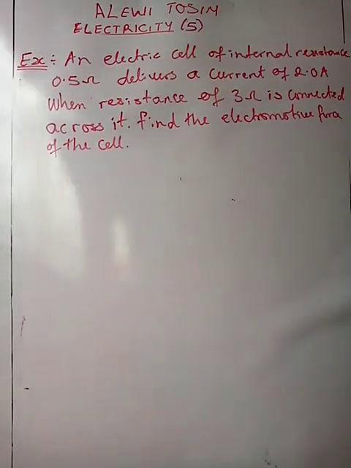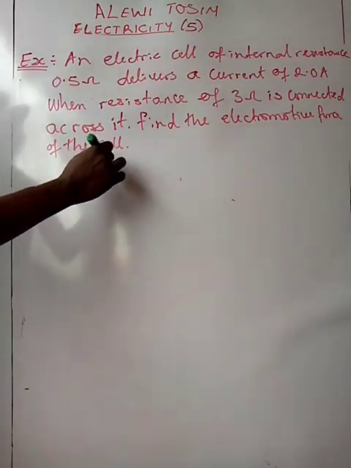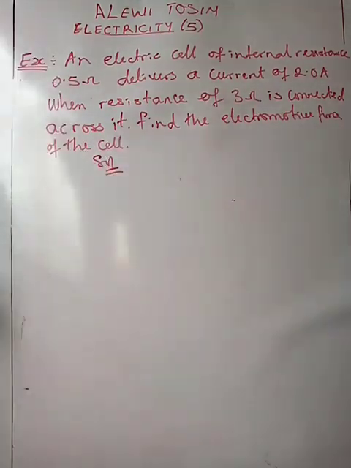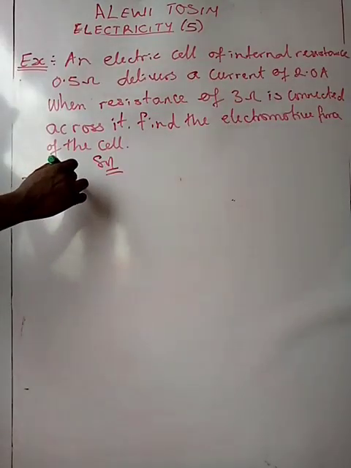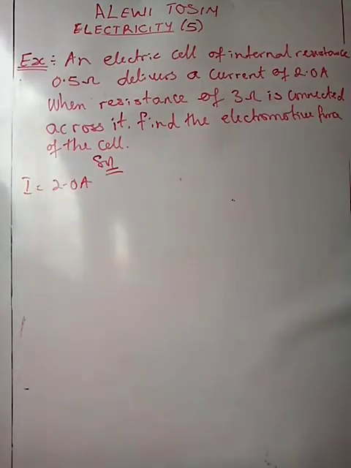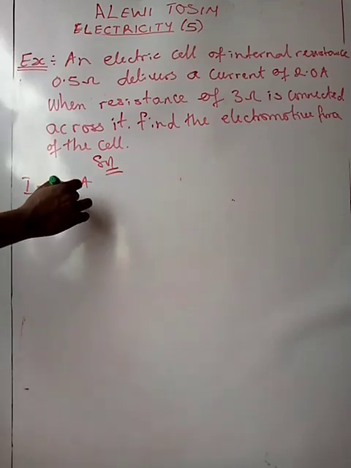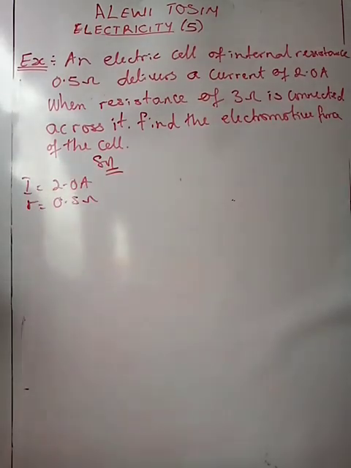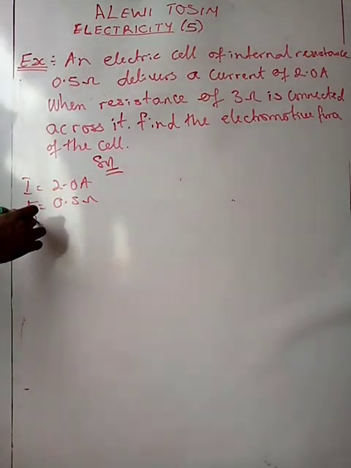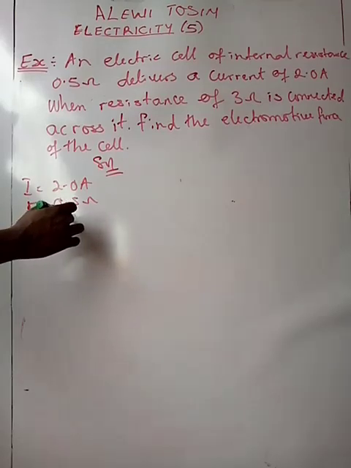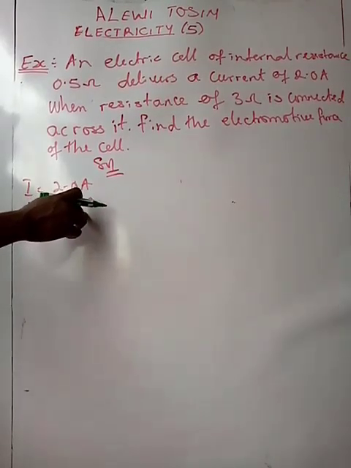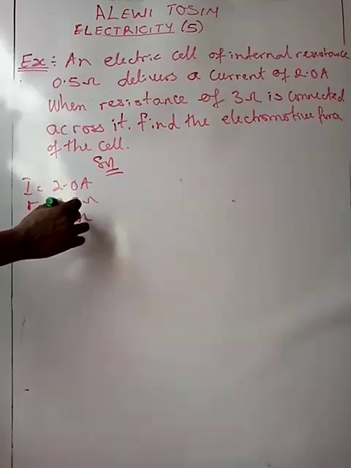Find the electromotive force. Now, the givens here: we are given our I, which is the current, as 2.0 amperes. We are given the internal resistance, small r, as 0.5 ohms, and the external resistance, big R, as 3 ohms.